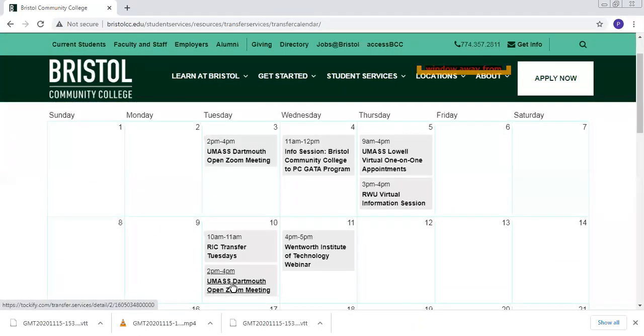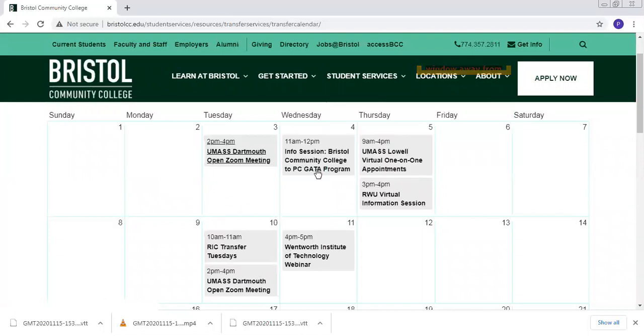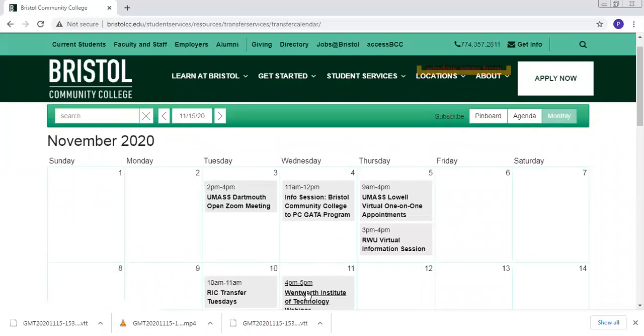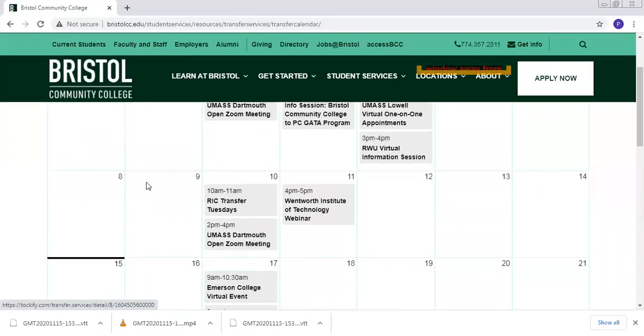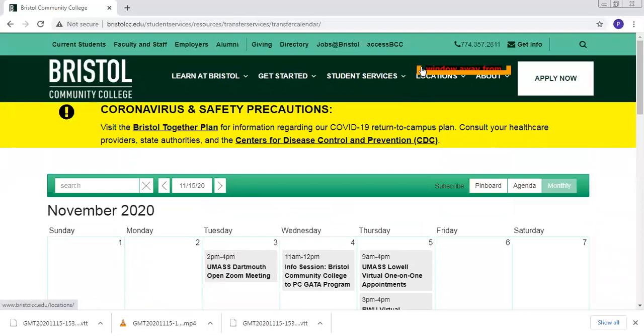For instance, obviously now they're probably mostly remote, but they have Zoom meetings which you should attend, informational sessions and things like this, and it's on the calendar so that you can sign up for those in advance. So those are also very important things that you should be aware of that are offered through BCC.